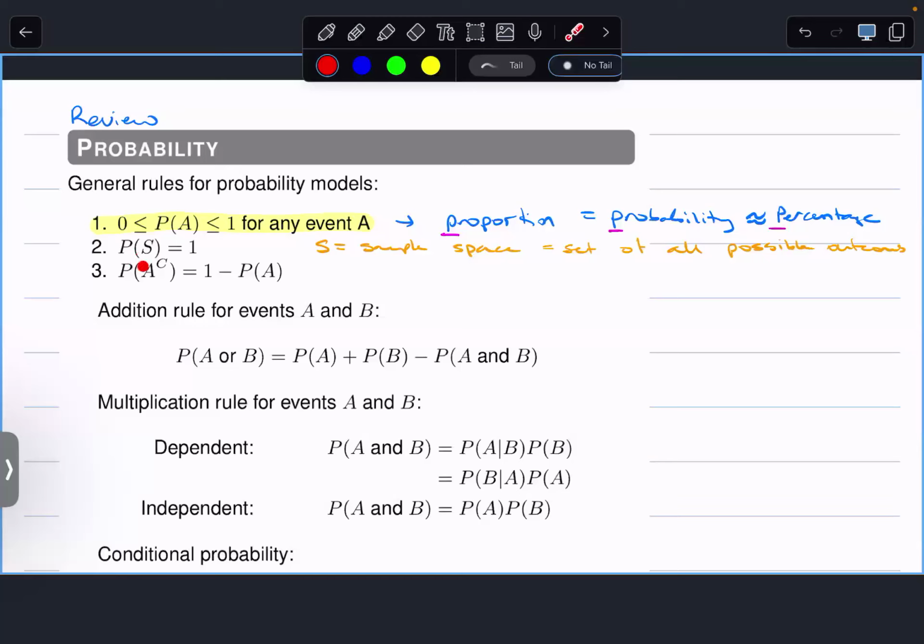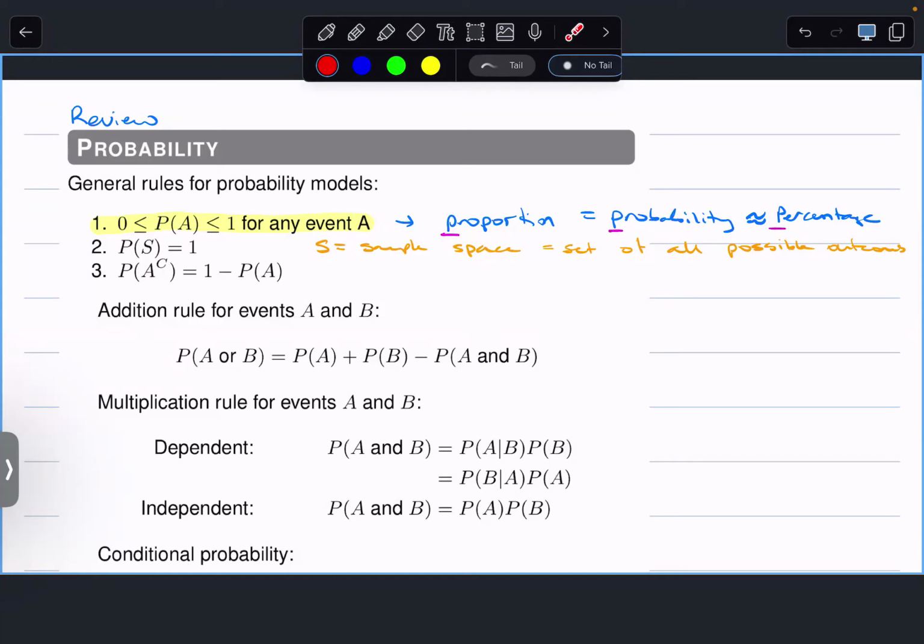The probability that something of all possible outcomes happens is 1, which also means that the sum of all the possible probabilities has to be 1. We also introduced the complement of A, which is the not A. If I have the complement of A, so A to the power of C, that's the same thing as 1 minus P of A, because we'll be talking about the probabilities.